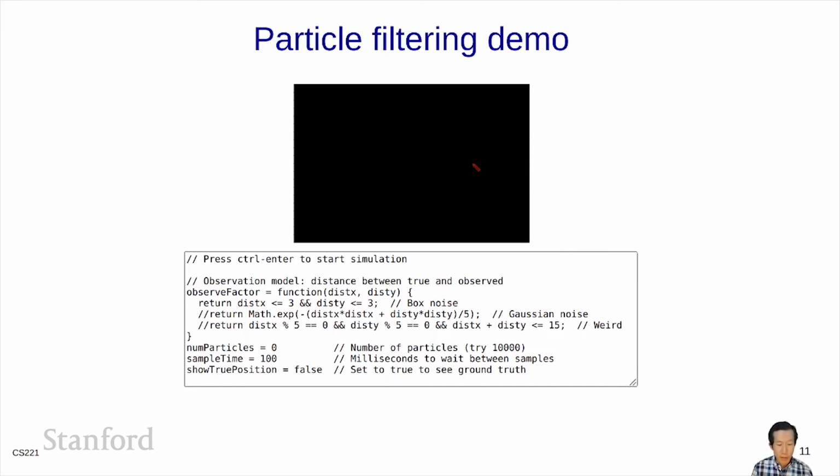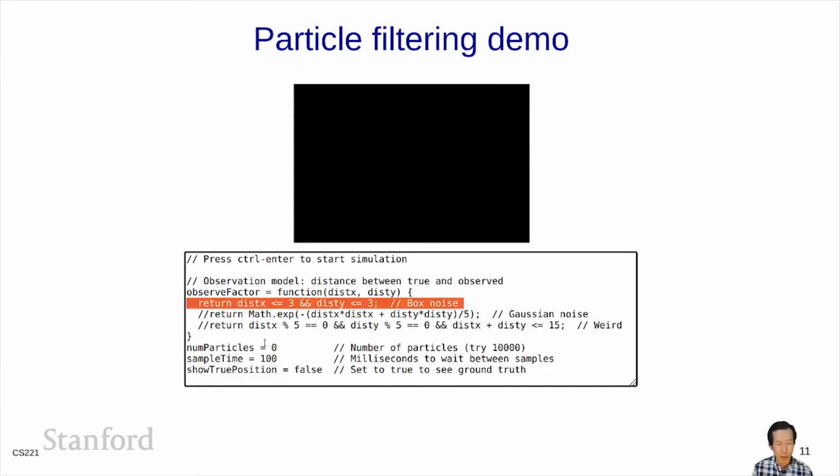And the emission distribution is going to put a uniform distribution over locations that are within 3 steps, either vertically or horizontally. You can see this definition of the emission distribution, which only depends on the x distance and the y distance, and it's going to look at a uniform distribution over basically a box.